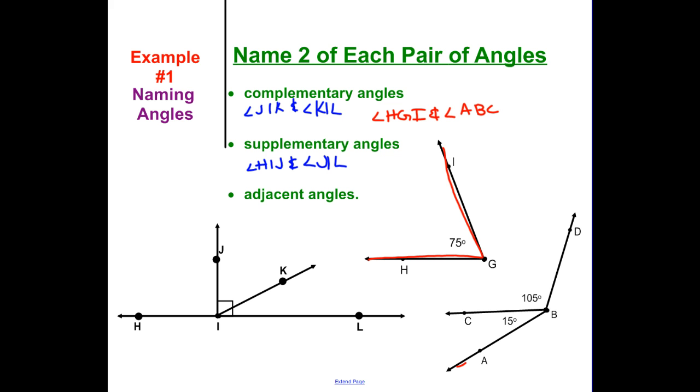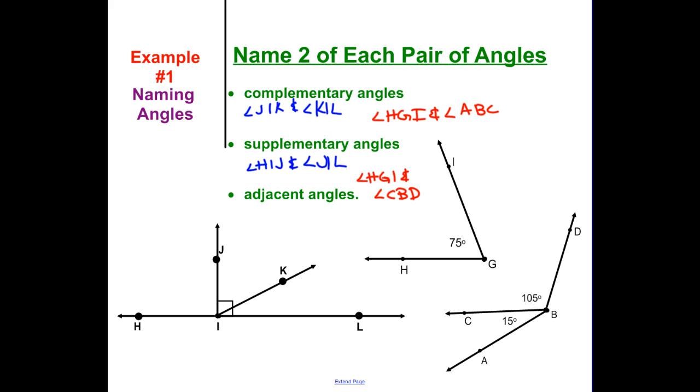Angle HGI plus CBD. Those guys are supplementary. They add up to 180 degrees. So angle HGI and angle CBD. Those are supplementary. Again, they're harder to see because they're not right next to each other, but they are definitely supplementary because they add up to 180 degrees.